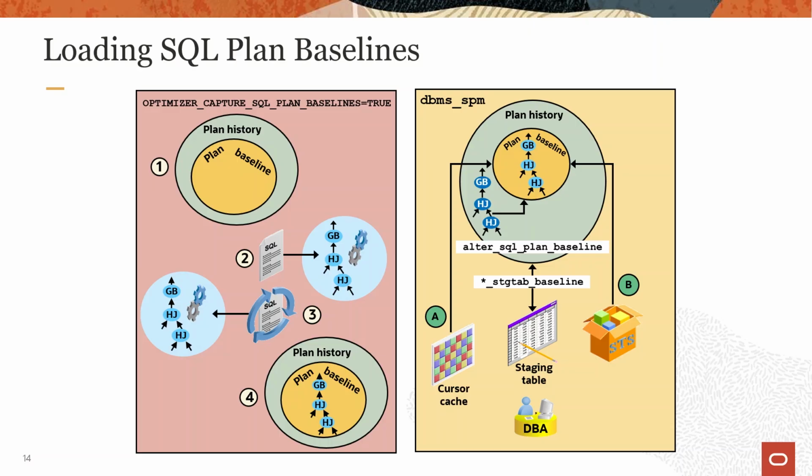Now, very important to know is that execution plans that are manually uploaded via that package DBMS_SPM are automatically plan baselines. That means if an execution plan is being rendered for that statement and it's the plan baseline, it can be immediately used. So once again, execution plans that are manually uploaded are automatically plan baselines, meaning execution plans that can be used if rendered by the optimizer.